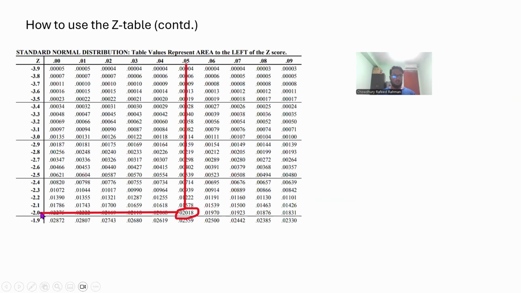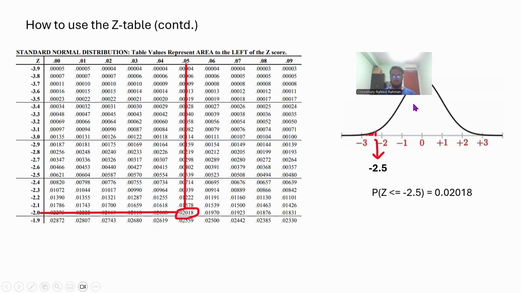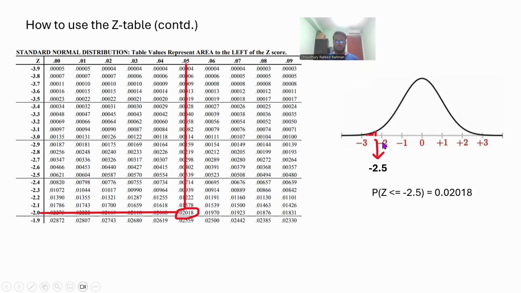So suppose we are looking at -2 and 0.05. That means -2.05, right? -2, -2.01, and last of all, -2.05. I'm sorry about this mistake, because this is 0.05, so this is going to be -2.05.